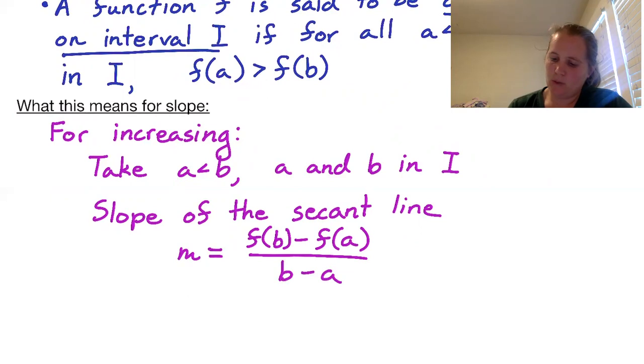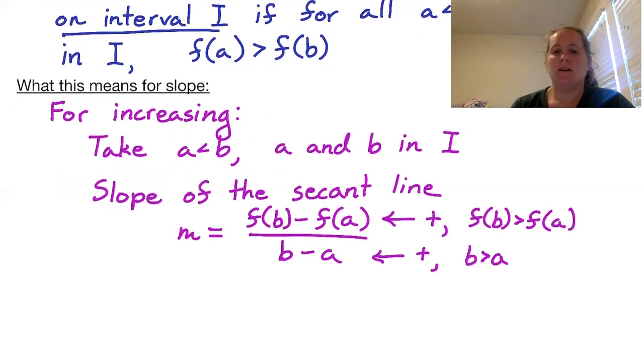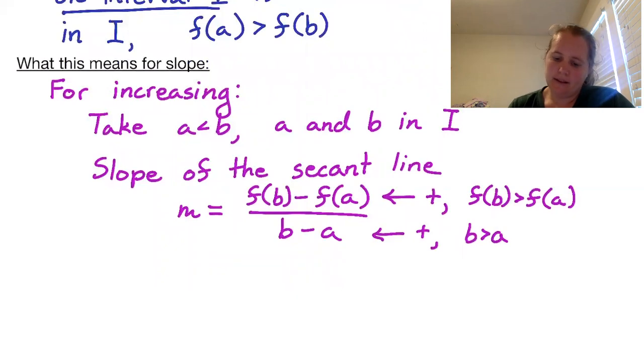We know that b minus a is positive since b is greater than a. We also know that f of b minus f of a is positive, since f of b is greater than f of a for an increasing function. So the slope of the secant line is greater than 0.